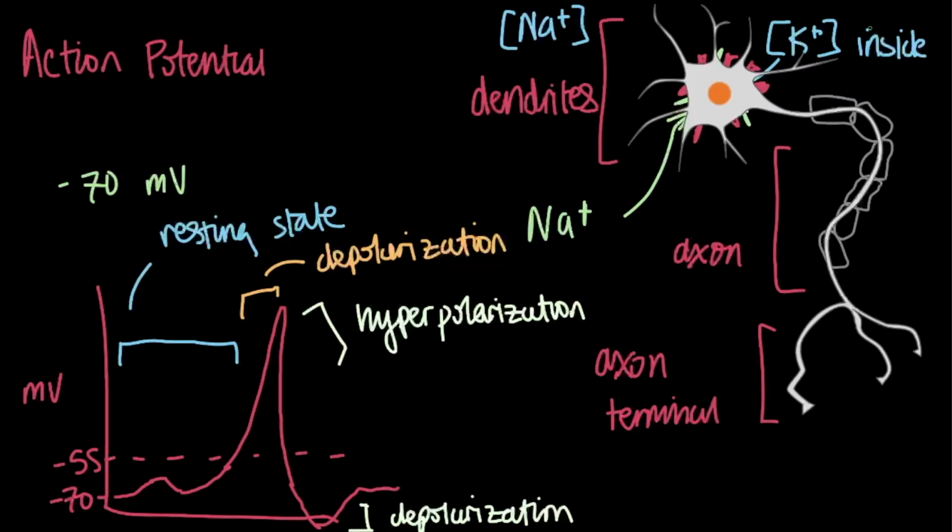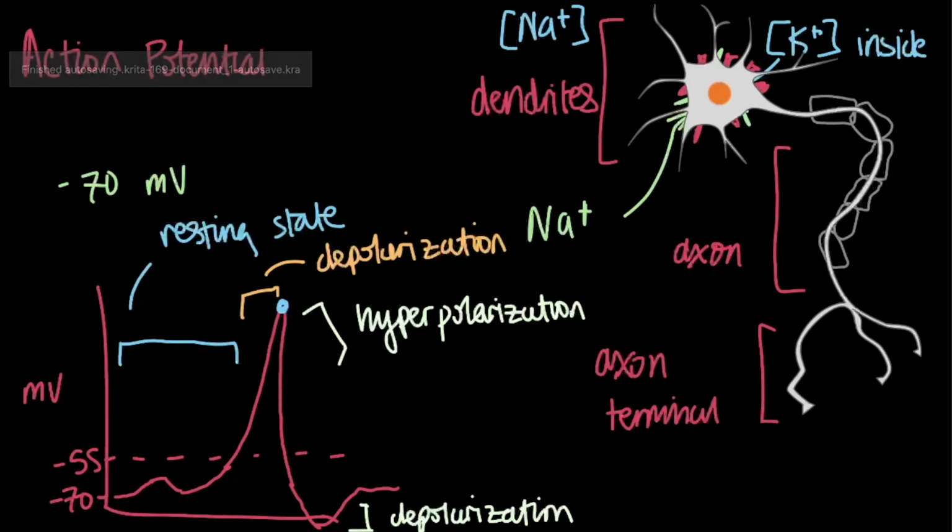So now, once the sodium channels open to a certain extent, we also have potassium channels which start to open right around here. And when this happens, the potassium inside the cell rushes outside to maintain that concentration gradient.